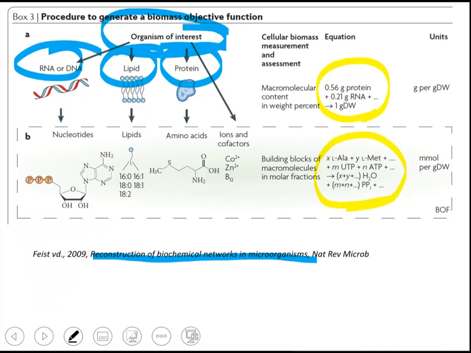So RNAs are made up of nucleotides, so their building block is nucleotides. Fatty acids are building blocks for lipids. Amino acids are building blocks for proteins. And we write the reactions.